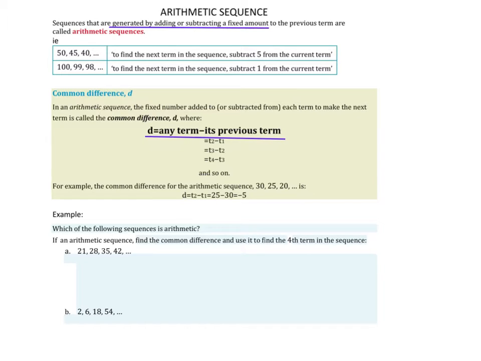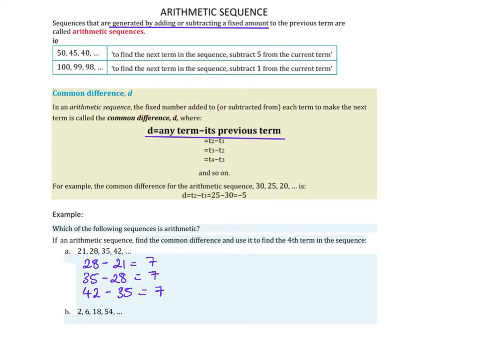Which of the following sequences are arithmetic? If it is an arithmetic sequence, find the difference and use it to find the fourth term. Now, we've got to make sure that there is a common difference between all of the terms in the actual sequence. So let's check it out. 28 minus 21 is equal to 7. 35, take away 28, is also equal to 7. 42 minus 35 is 7.